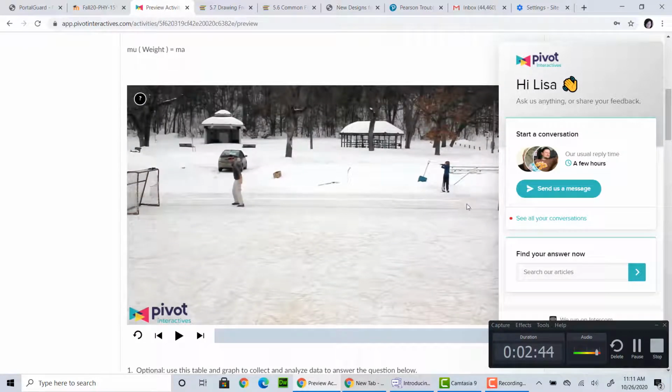A kinematic equation that would be helpful here, if I wanted to figure out the acceleration: I don't know the initial speed, but I can measure how far he skids. Right?